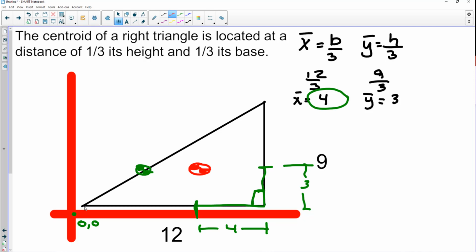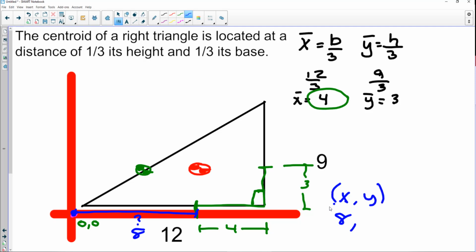So if I were to start all the way over here at the x and y 0, 0 coordinate, if I were to start over here, what would my coordinates need to be if I were to walk myself over to where the centroid is, right? I would walk how far along the x-axis? Well, if this is 12 and this is 4, then this is 8. So my x-coordinate is going to be 8.